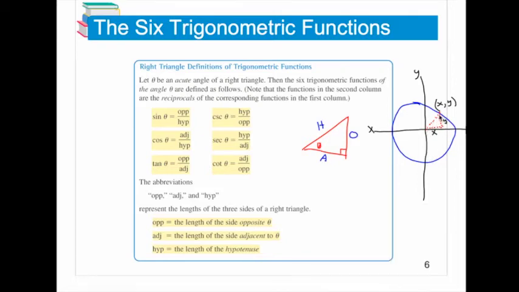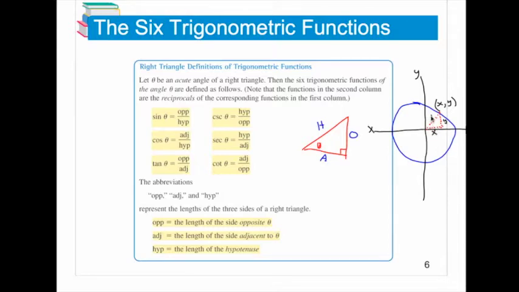Which, if this is a unit circle and a true unit circle, this hypotenuse is 1. Right? So if I look at the sine of theta being opposite over hypotenuse, the sine is y over 1, or the sine is y. Sine is related to y, that's what we already knew. Also, cosine is adjacent over hypotenuse.